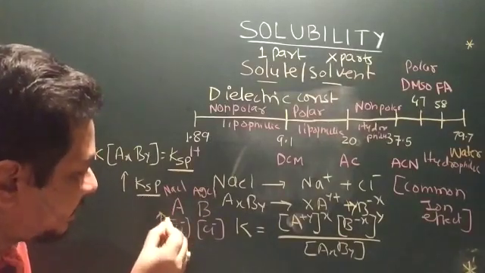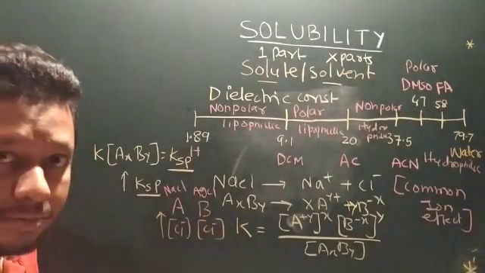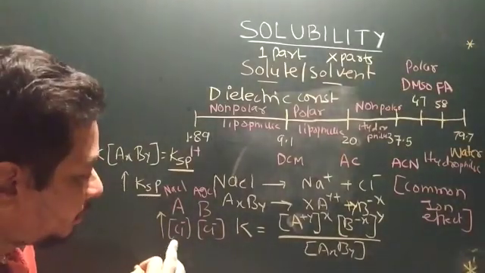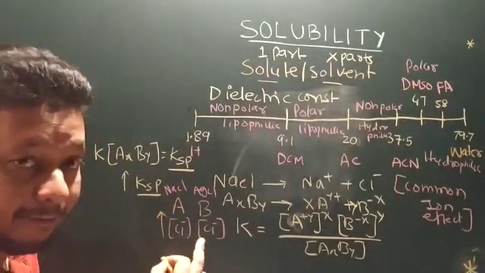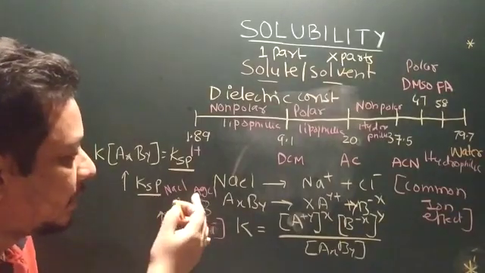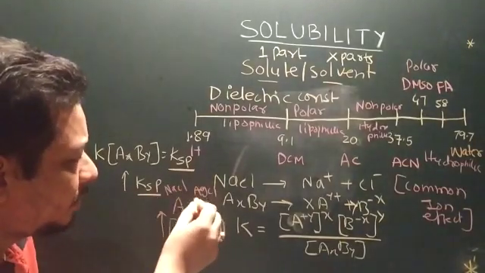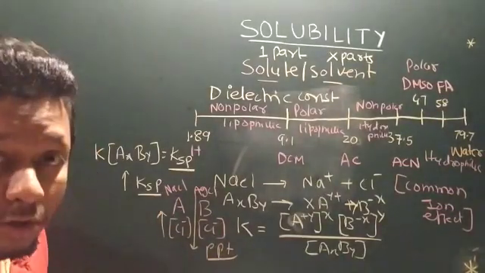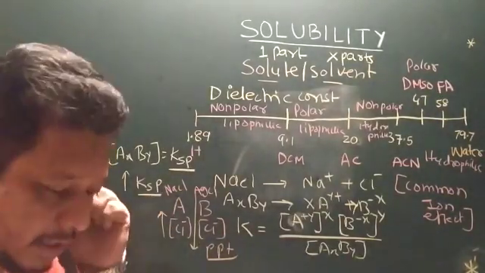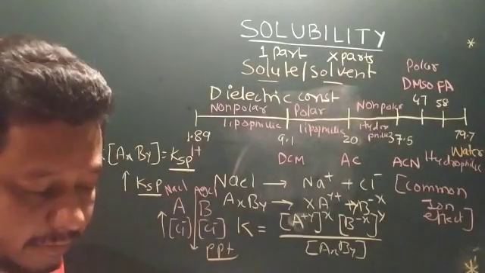The chloride ion given by sodium chloride is much more in the solution, so that chloride ion suppresses the AgCl dissociation. That's why if you add some sodium chloride to a silver chloride solution, it gets precipitated out, and that's known as salting out. We will discuss that in our physical pharmacy videos.